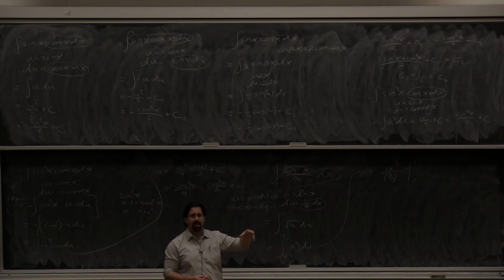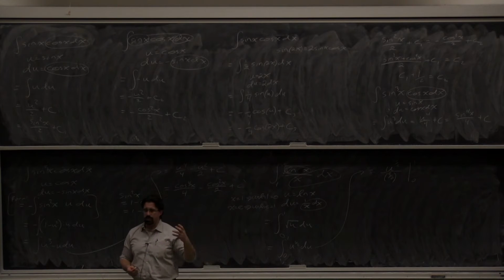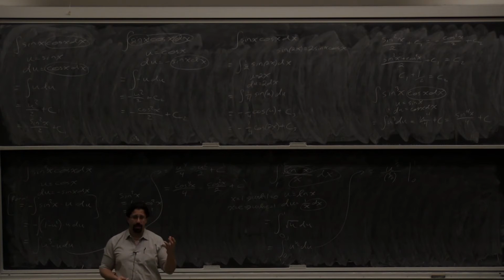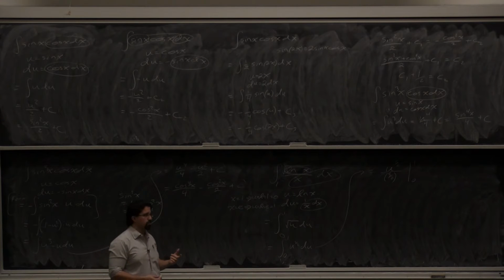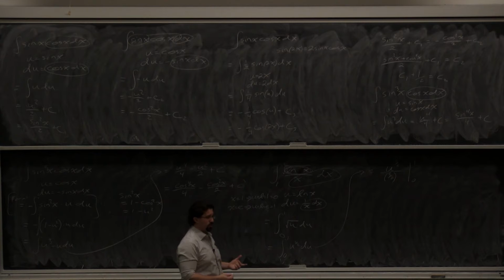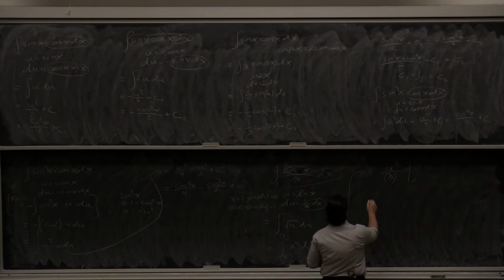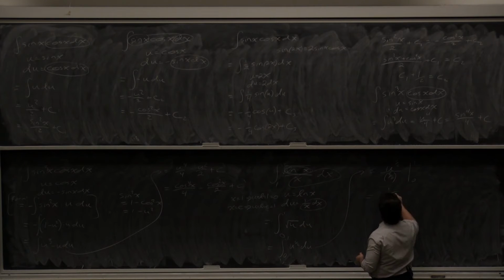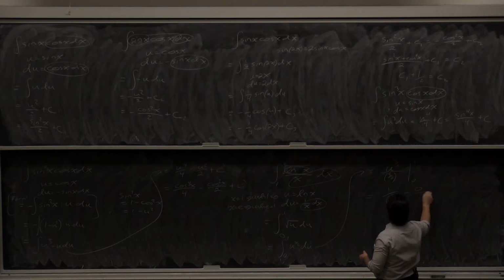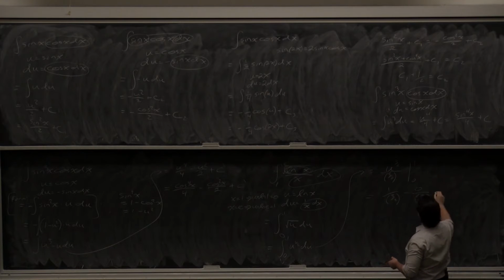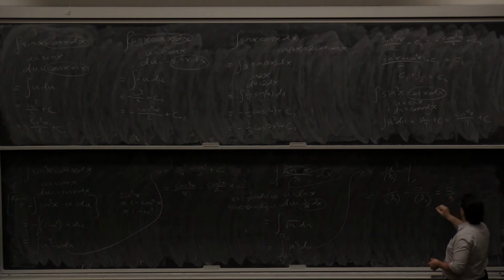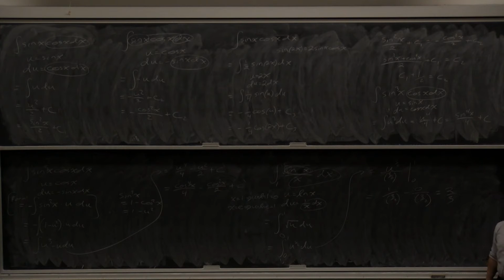So why take that extra risk? There are about 3 different places where you can screw up by not changing the bounds of integration. So change them. Bring it to whatever this guy says over here. Now we've got 1 over 3/2 minus 0 over 3/2, which is equal to 2/3. And you're done.